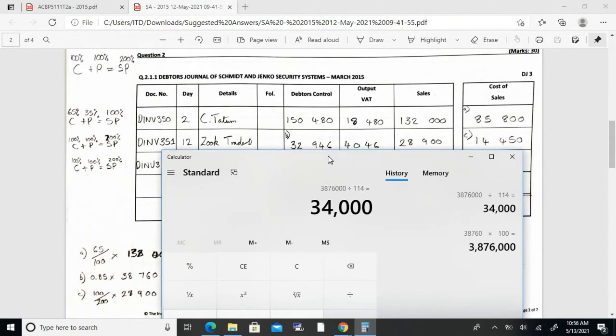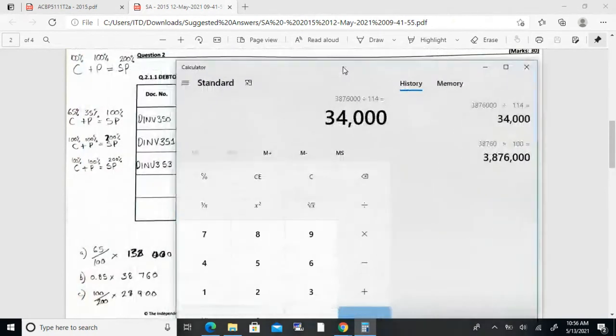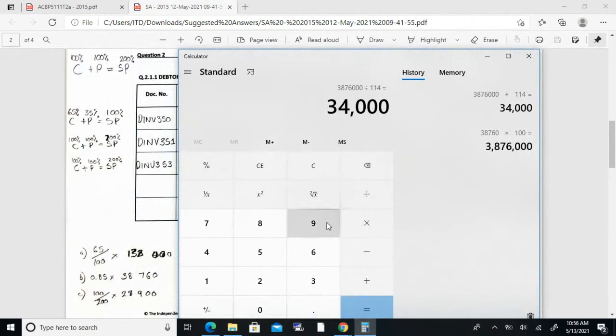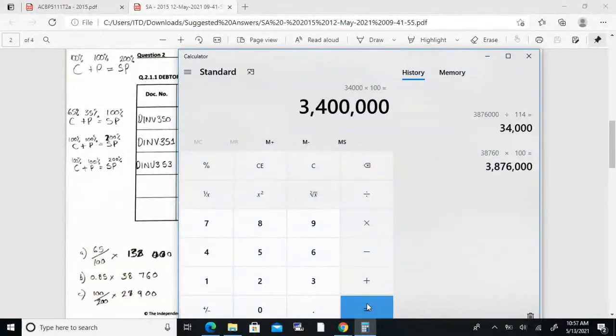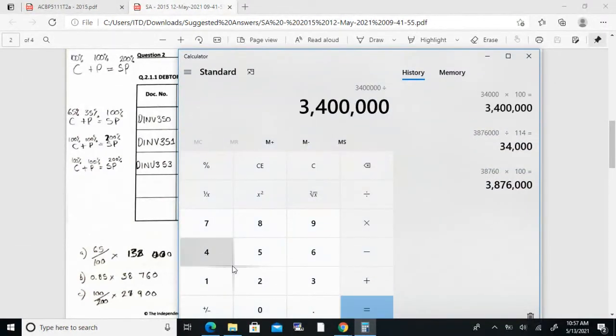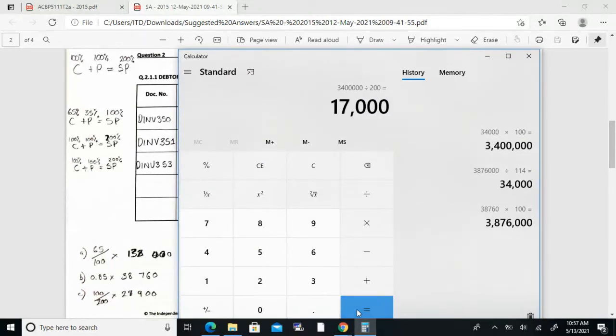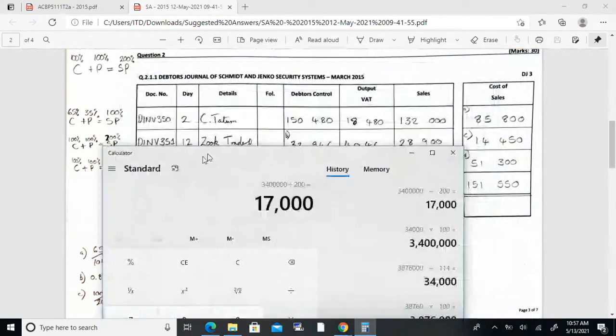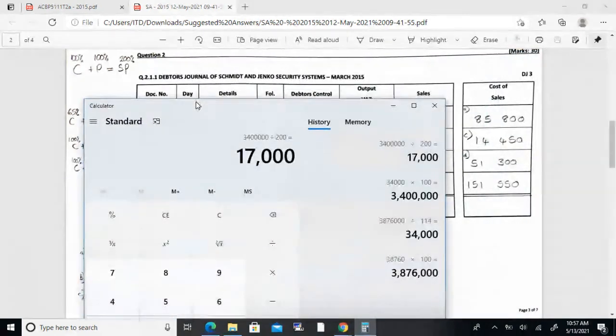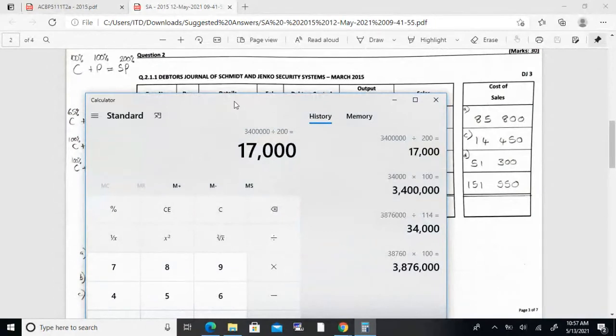So here in sales, it would have been 34,000, assuming we had not given a trade discount. Then that 34,000 is what we're going to use to calculate our cost of sales. We say times 100, what we want is cost, which is 100, then divided by the selling price, which we know is 200, which gives us the 17,000. Again, guys, I was operating on 14%.